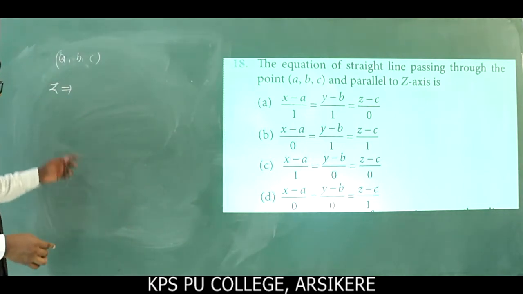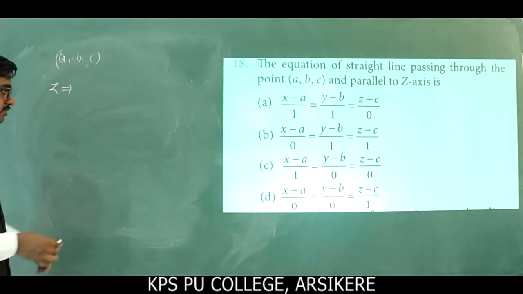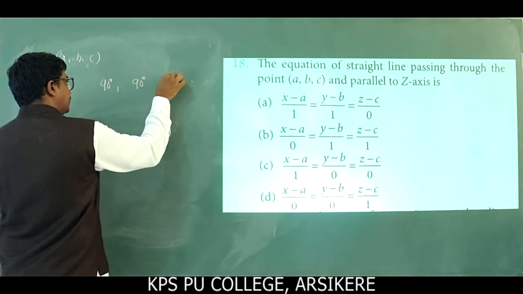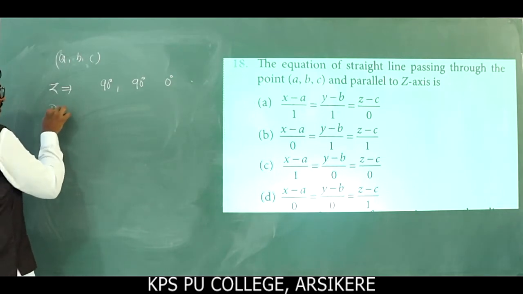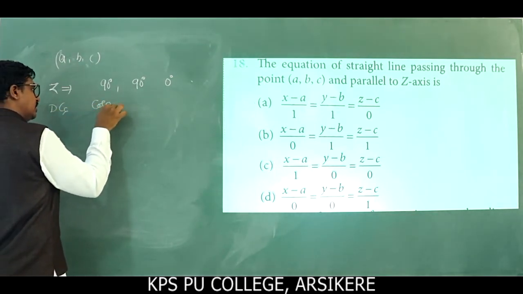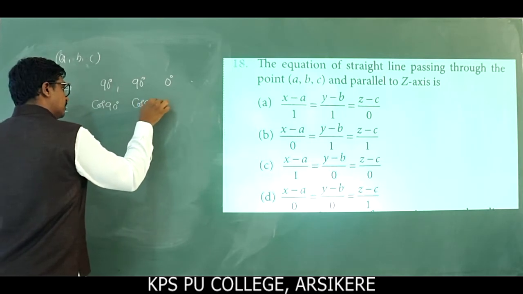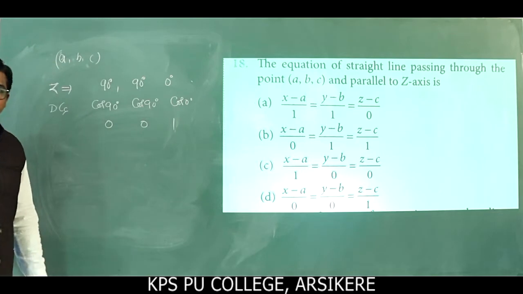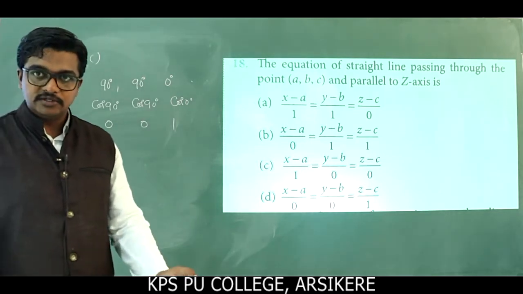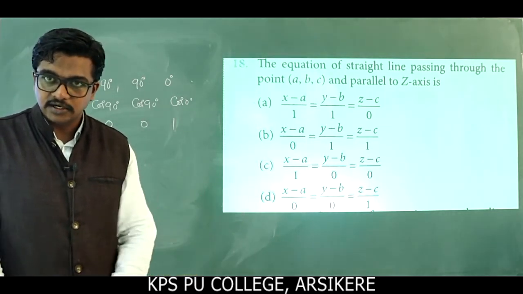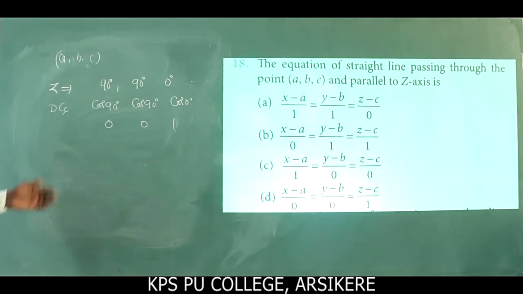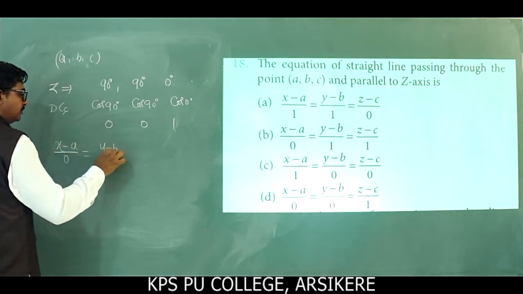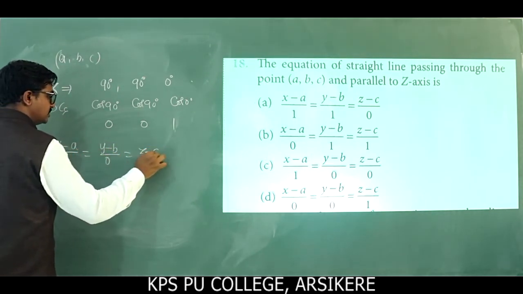The angles made by the z axis with the x, y and z axes are 90 degrees, 90 degrees and 0 degrees. If you apply cos, cos of 90 degrees, cos of 90 degrees and cos of 0 become 0, 0, 1. Because the given line is parallel to the z axis, it has the same properties as the z axis. Then the equation becomes (x - a)/0 = (y - b)/0 = (z - c)/1.